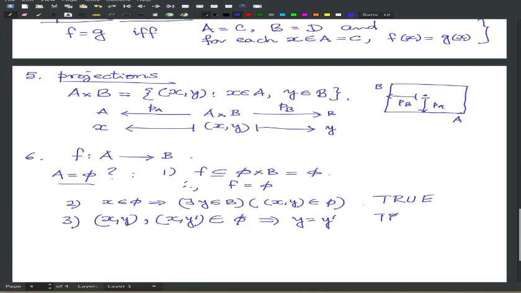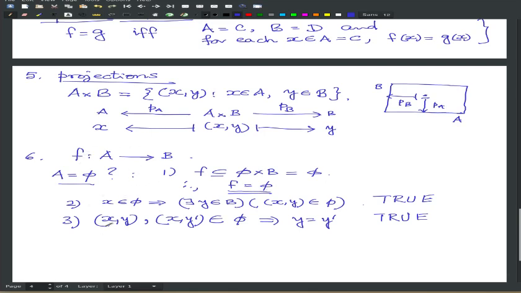Yes, correct. So this is also true, right? So you see, in this case, vacuously the second and the third conditions are true, and so there is only one candidate which is possible, and that is the empty set. And that's what I said. Yes, you are right, you can do nothing, and so you have the empty function.